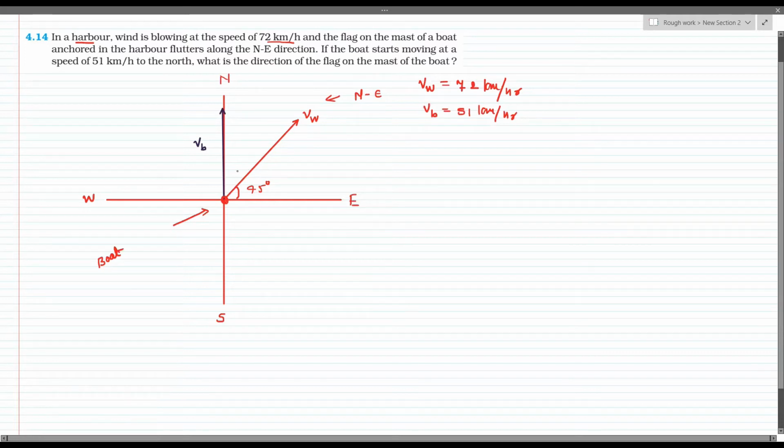Now, as we know, the boat has started. This is the boat, and this is the flag, and it is fluttering in this direction. Now, as the boat starts moving in this direction, this flag will start fluttering in this direction.